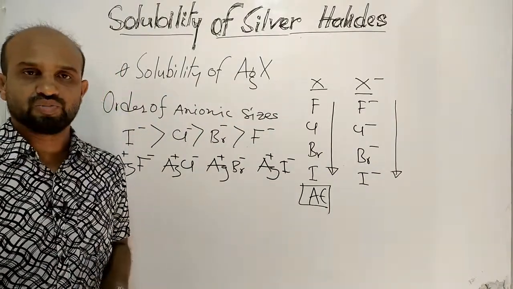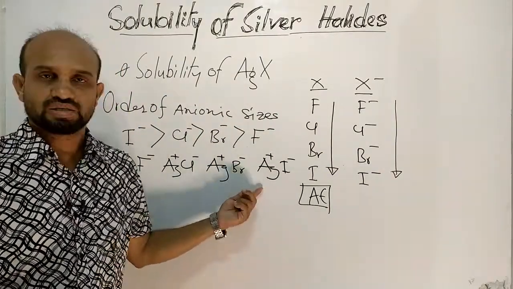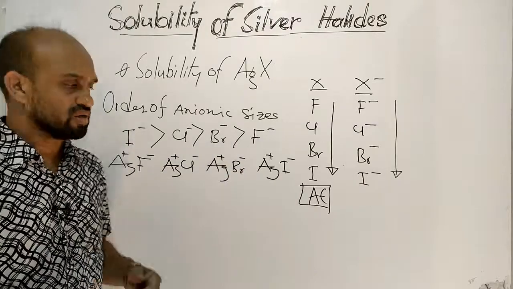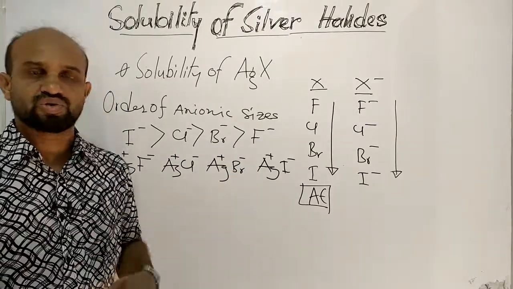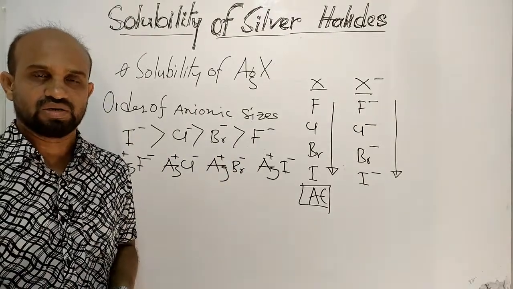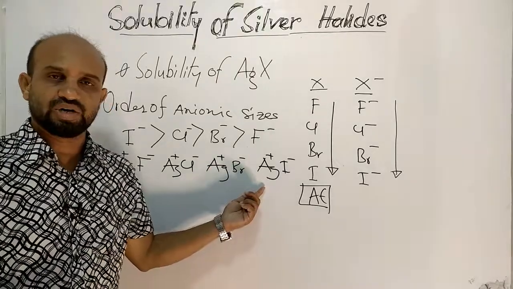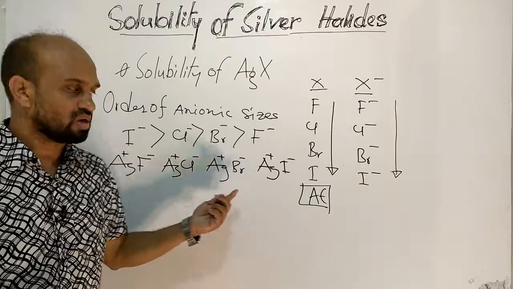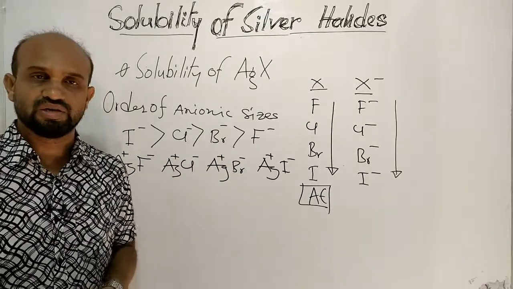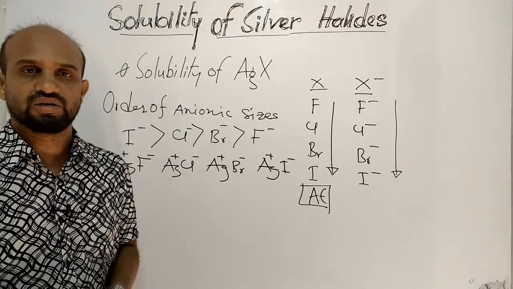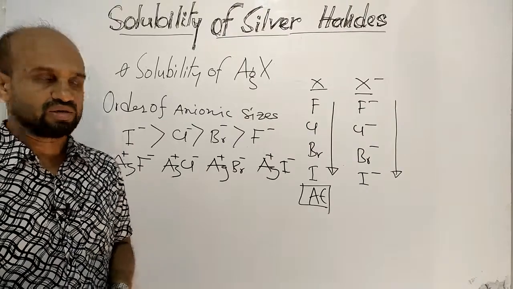But due to polarization, some get covalent character and some do not get covalent character. Now let's see how silver iodide gets covalent character and silver fluoride cannot.